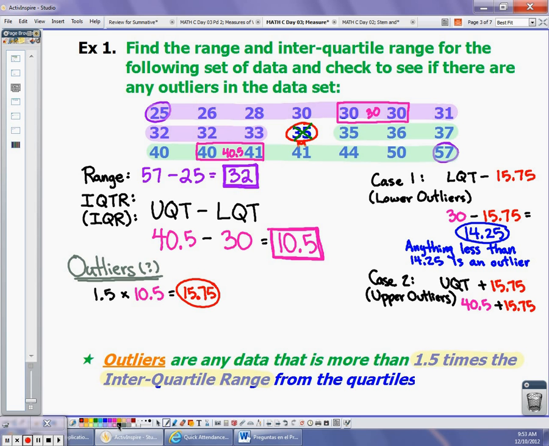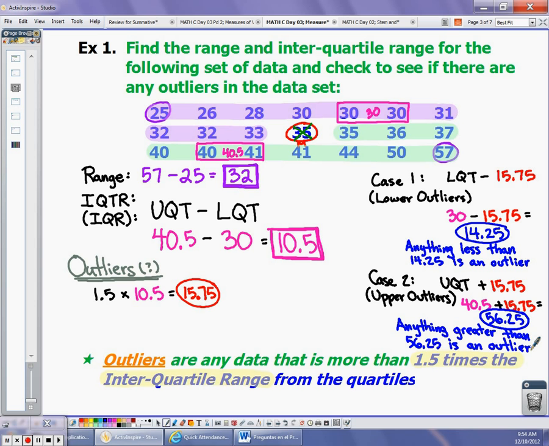Now when I add those two numbers, that answer is going to tell me the boundary line of my upper outlier. And when I do 40.5 plus 15.75, that's going to give us a total of 56.25. Now this 56.25 basically means anything greater than 56.25 is considered an outlier.